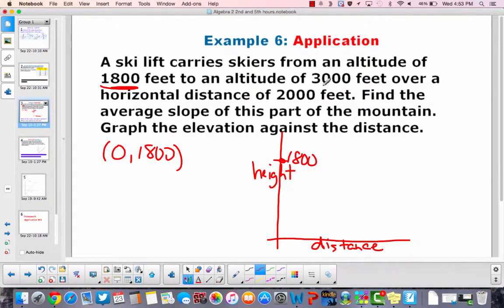Then we rise to an altitude of 3,000 feet over a horizontal distance of 2,000 feet. So our horizontal is 2,000 and our vertical is 3,000. So that's our next point. We could graph that over here, and that would be the point 2,000, 3,000.